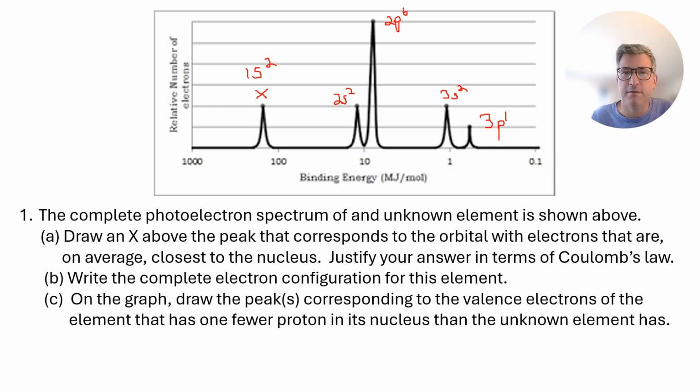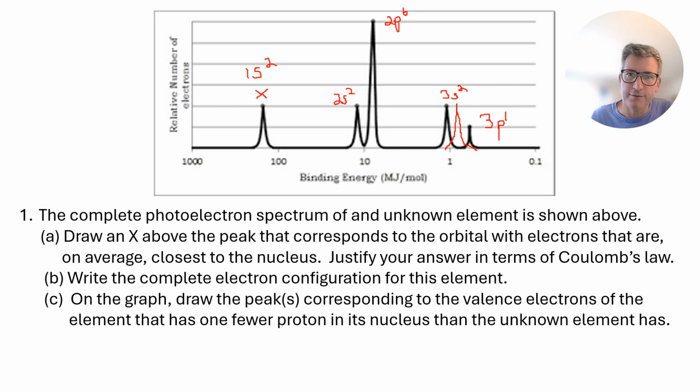Maybe you didn't, but the peak should be drawn in a little bit lower, at a smaller binding energy position than what we see for aluminum. And hopefully it makes sense why. Because magnesium only has 12 protons, and so the binding energy for those 3s2 electrons would be a little bit smaller than the 3s2 electrons in aluminum.